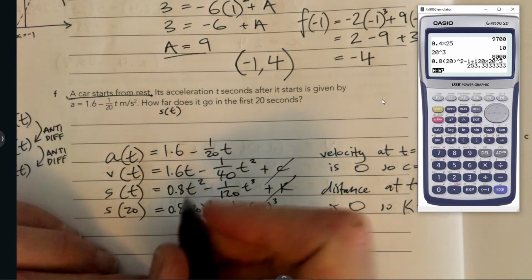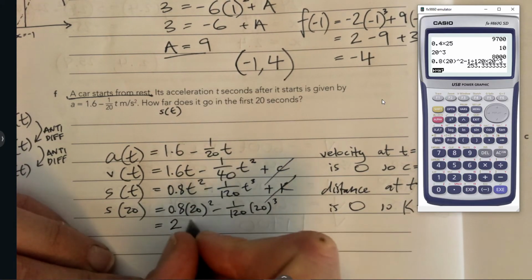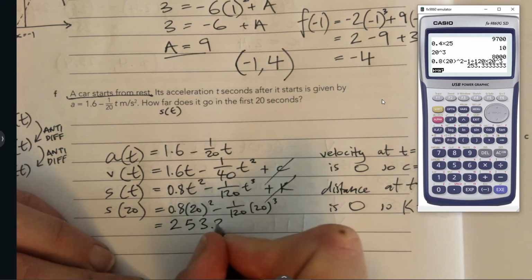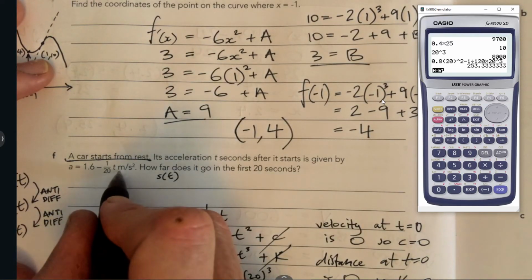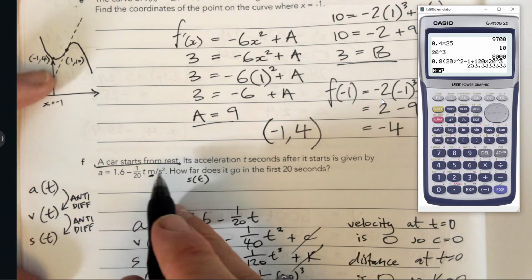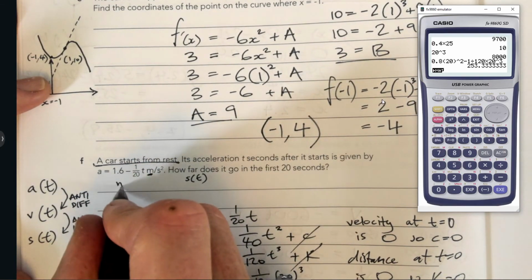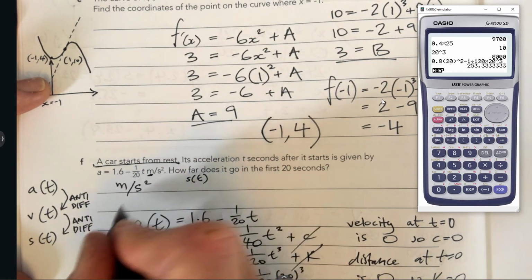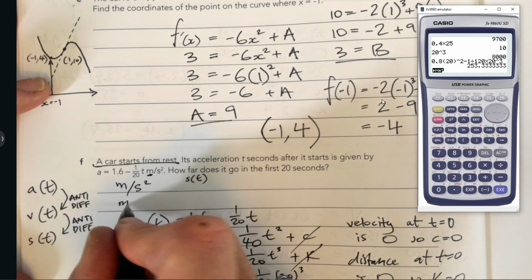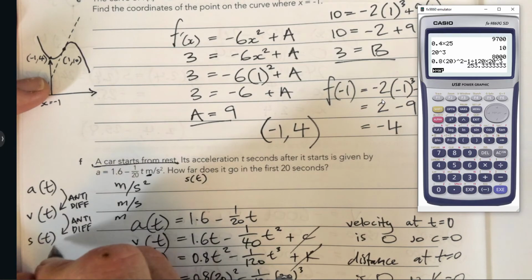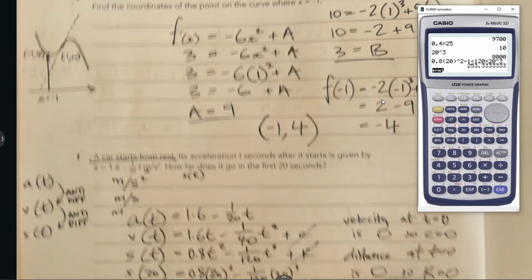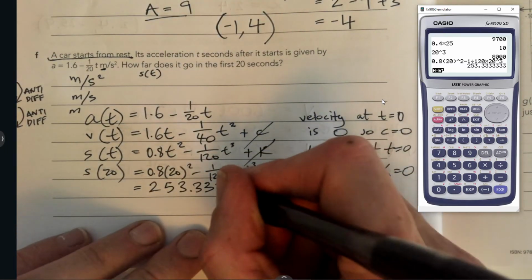Okay, 253.333, and what are we in? Meters. So yeah, if our acceleration started off as meters per second squared, then the velocity is going to be meters per second, and then we therefore know that distance is going to be in meters. Okay, so I need to write meters here.